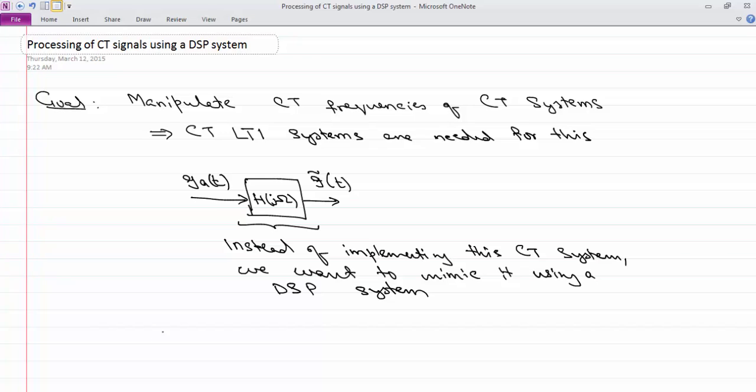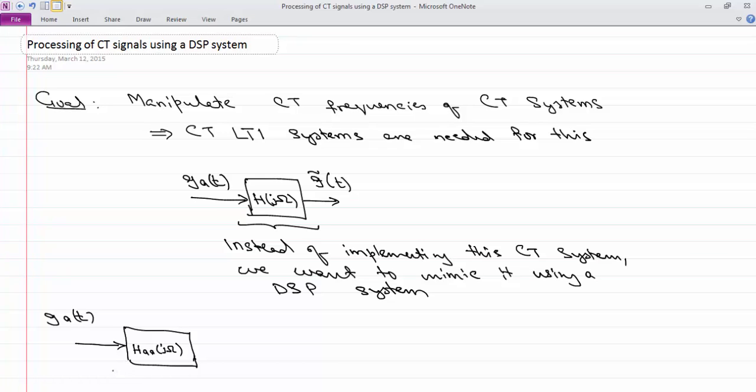Okay, so what does it mean? You have an input signal g_a(t). Now, first of all, if you are going to use the DSP system, then one of the blocks that you should often think about is the anti-aliasing filter. So let's say you have an anti-aliasing filter.